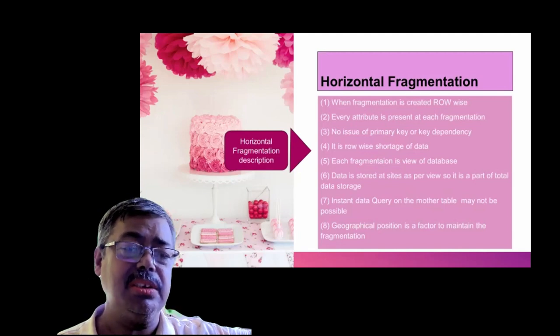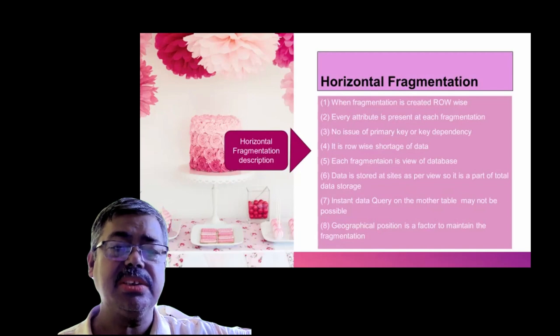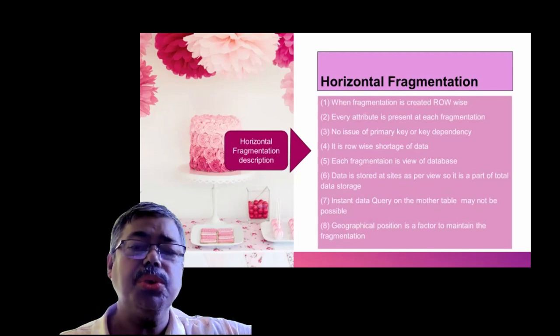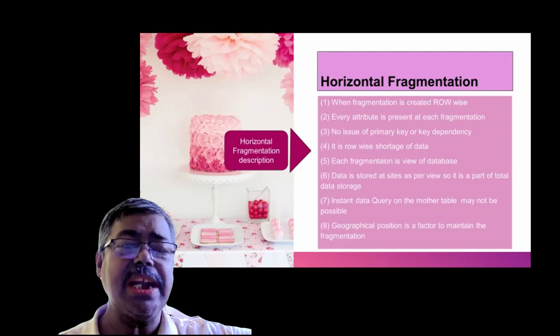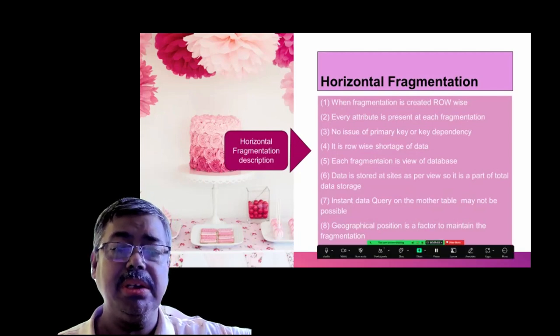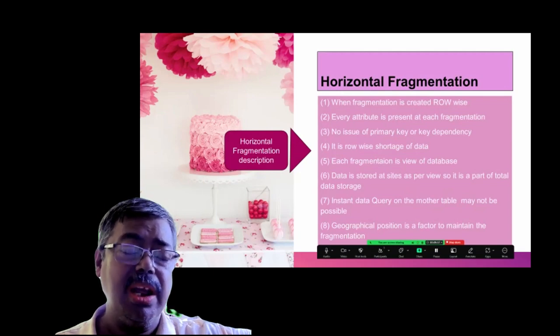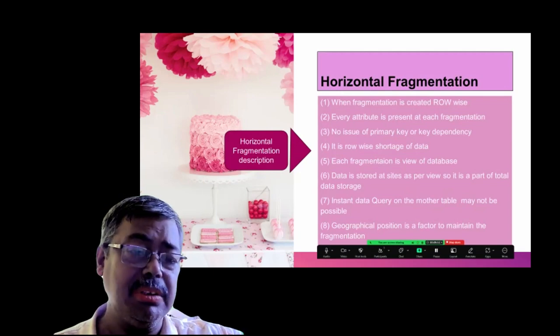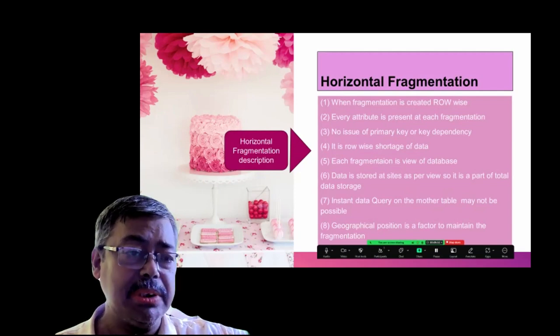Each fragment is a view of the database, and data is stored at sites as per the view. So it is a part of the total data storage. An instant data query on the mother table is very time consuming and mainly not possible.